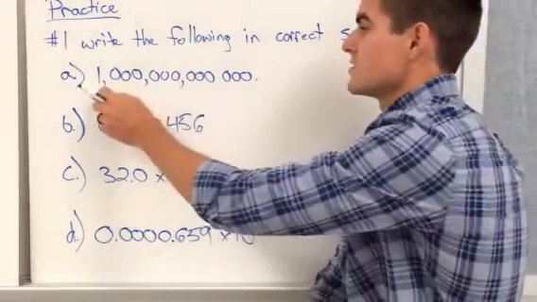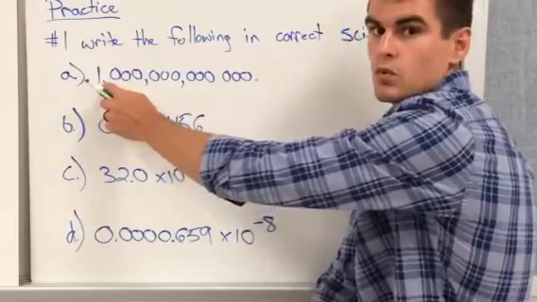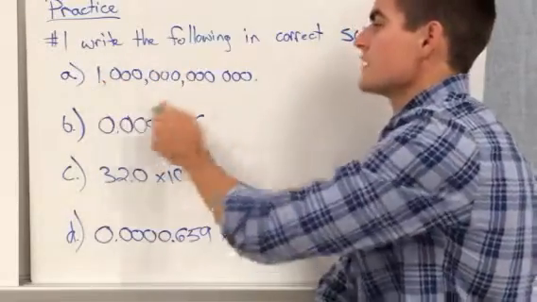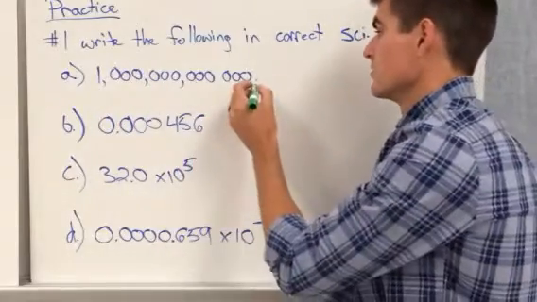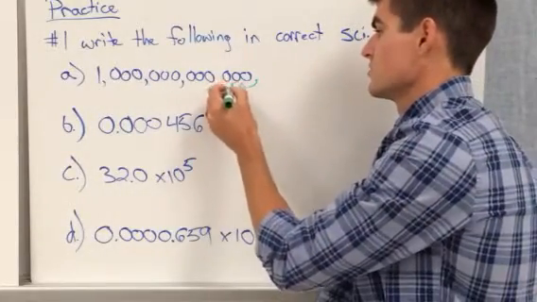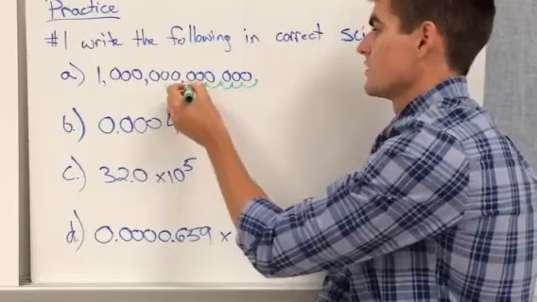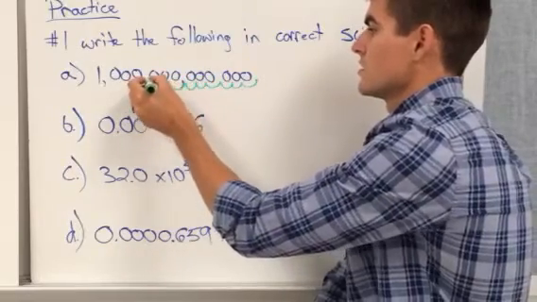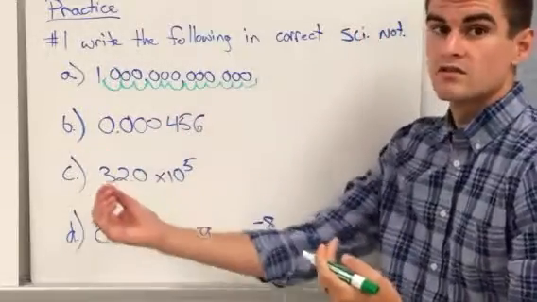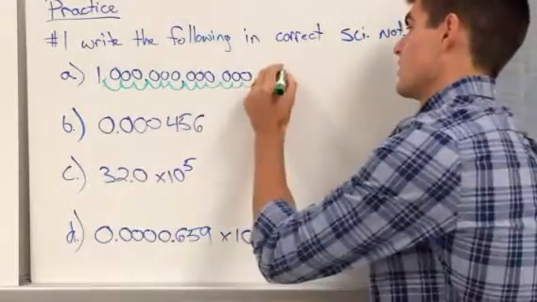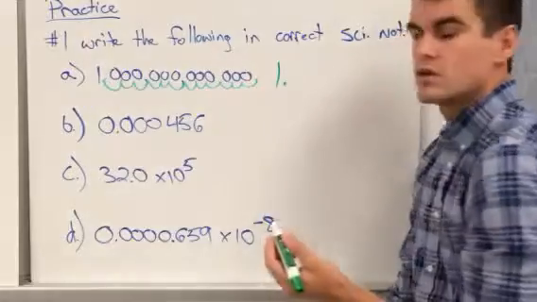My only non-zero is this 1 right here, so I want to move my decimal to just the right of that. I'm going to count 1, 2, 3, 4, 5, 6, 7, 8, 9, 10, 11, 12. So I moved it 12 spaces to the left.